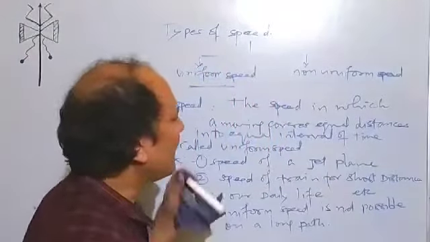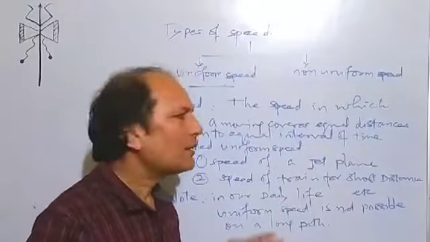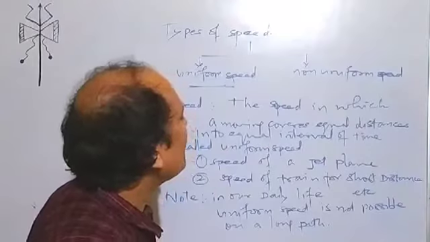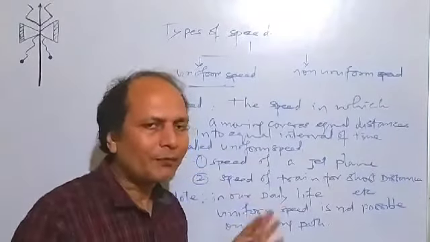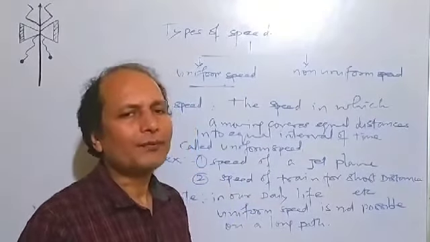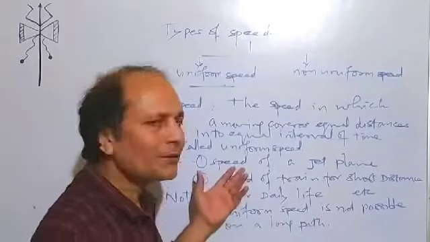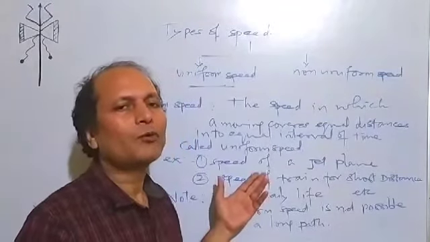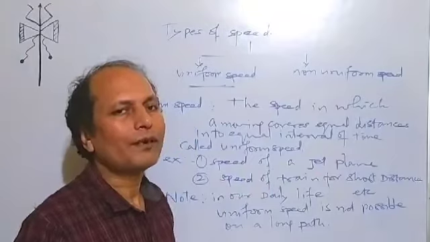But even if speed is uniform, its unit will be the same and its quantity will also be the same. The unit of speed is meter per second and it is a scalar quantity.